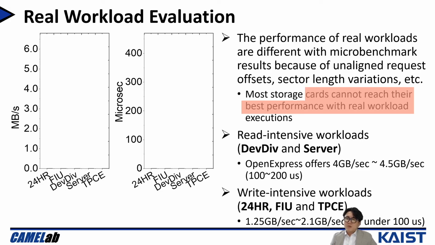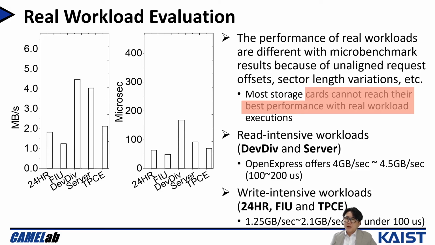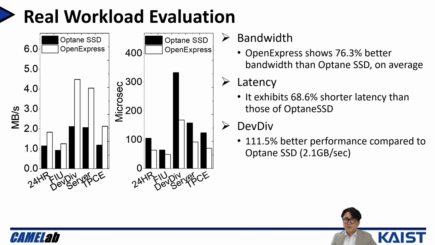For the read-intensive workload, OpenExpress provides around 4.5 GB per second with a few hundred microseconds latency. For the write-intensive workload, it offers as high as 2.1 GB per second, but all the latency is under 100 microseconds.